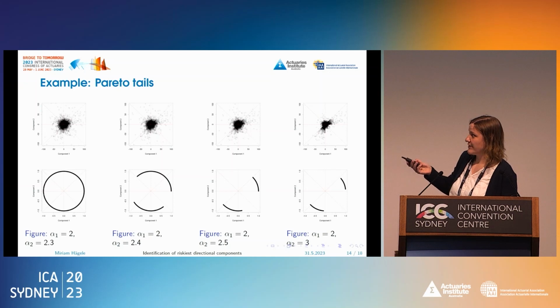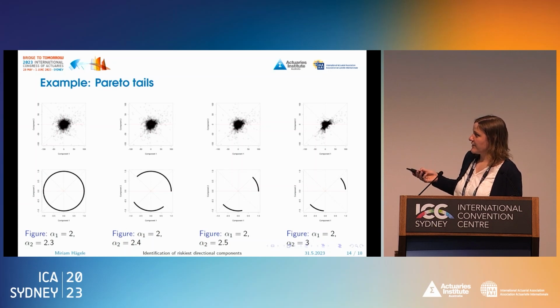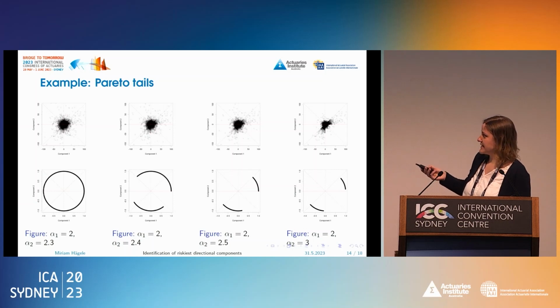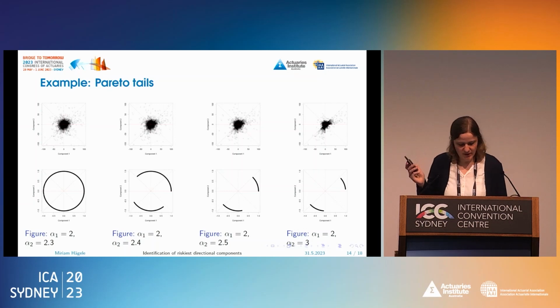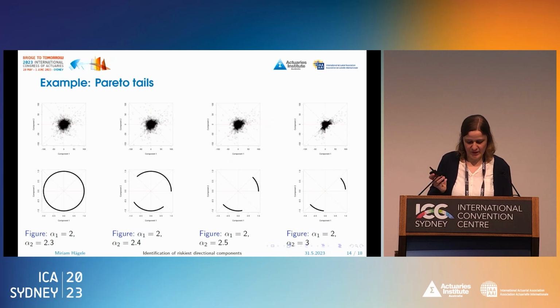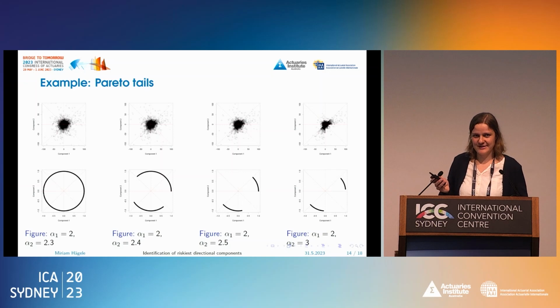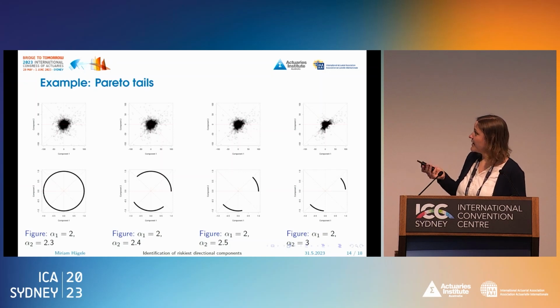Here we didn't have enough data to reject anything, so the preliminary estimate is still the whole thing. Then for alpha 2 of 2.4, we could reject a bit of it. And as we increase alpha 2, we get a more accurate estimate. So it really depends on the amount of data whether we can see something or not.